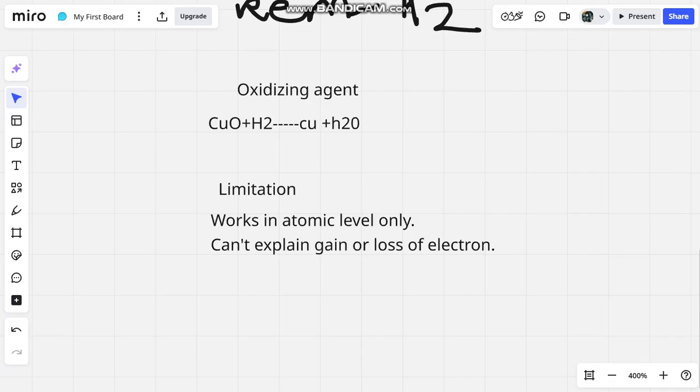It can't explain gain or loss of electrons. It only explains redox reactions at the atomic level. That's why we need the electronic concept, which explains the gain or loss of electrons in terms of oxidation and reduction. So if you're losing electrons, you're getting oxidized. If you're gaining electrons, you're getting reduced.